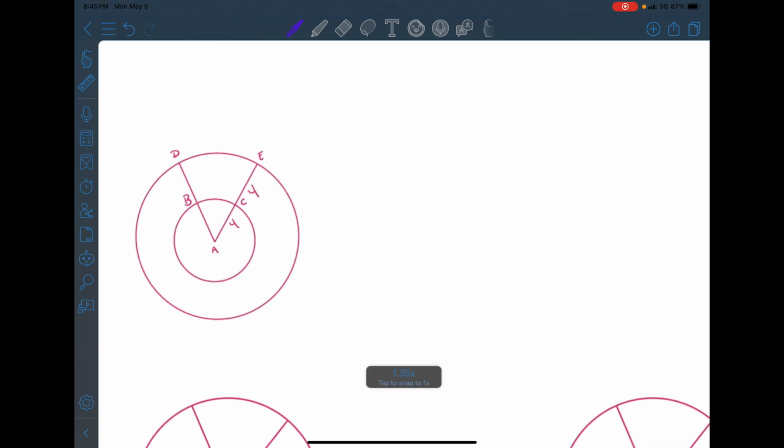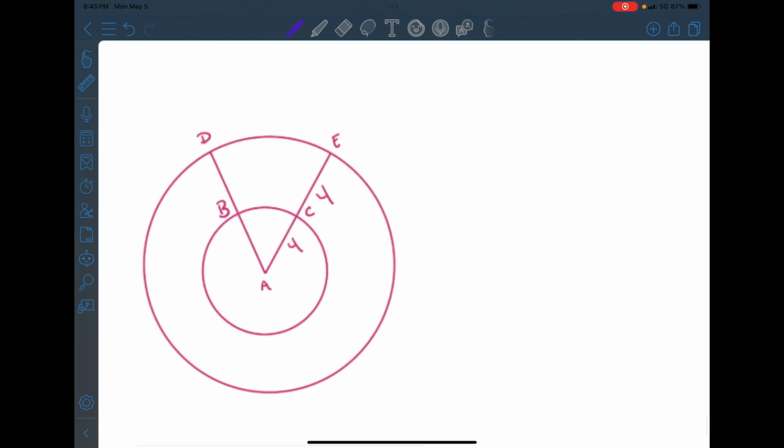All right, this one says the length of arc DE and BC. What do we know about those? So let's look at this radius. These are called concentric circles. They share the same center, okay? The radius of this is 4, and the radius of this larger one is 4 plus 4, which is 8.